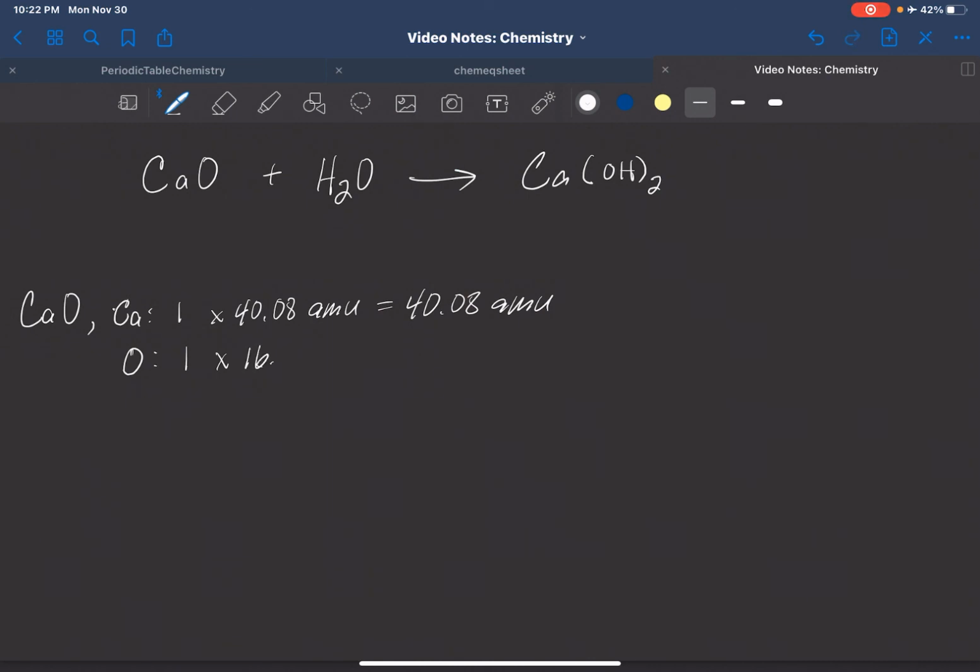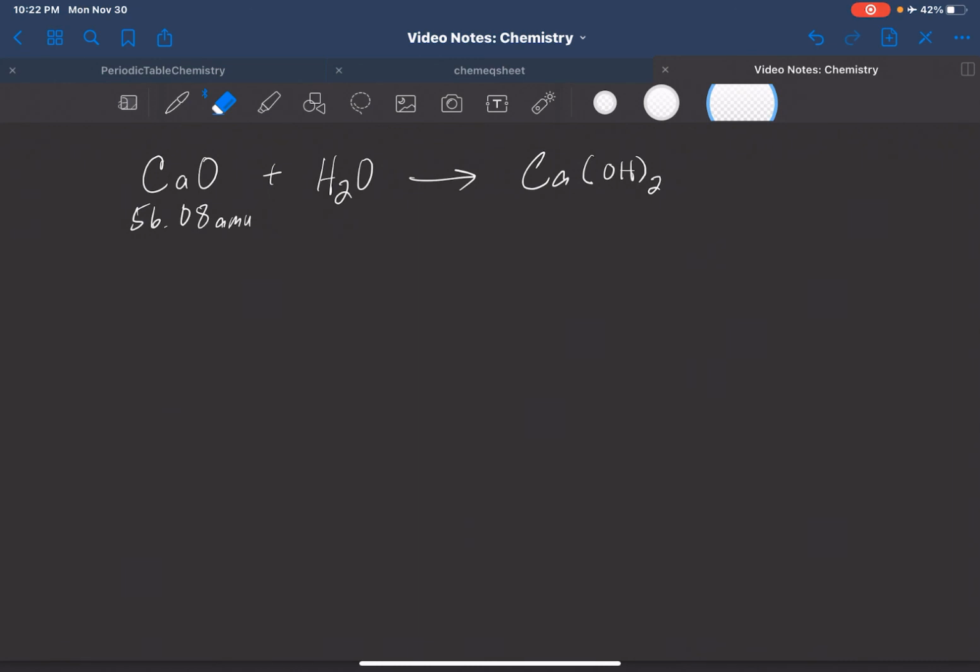We've got our 16.00 AMU, 16.00 AMU. If you add all that up together, we get 56.08 AMU. So we know the mass for calcium oxide here is 56.08 AMU.